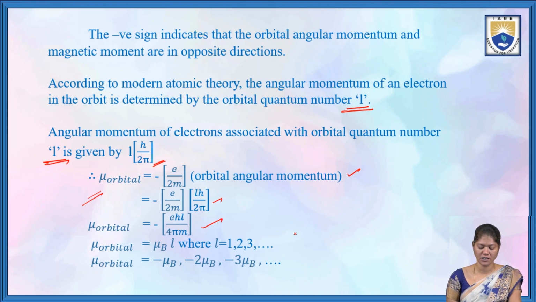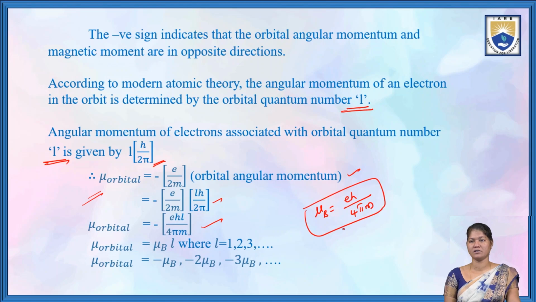Taking mu orbital as mu b into l, where mu b is equal to e h by 4 pi m, and l is 1, 2, 3 and so on. Substituting the l values, we get mu orbital equal to minus mu b, minus 2 mu b, minus 3 mu b.